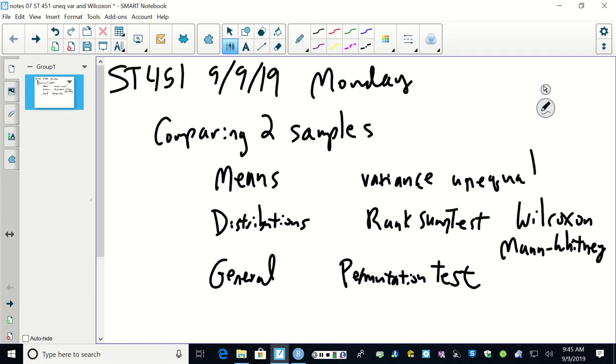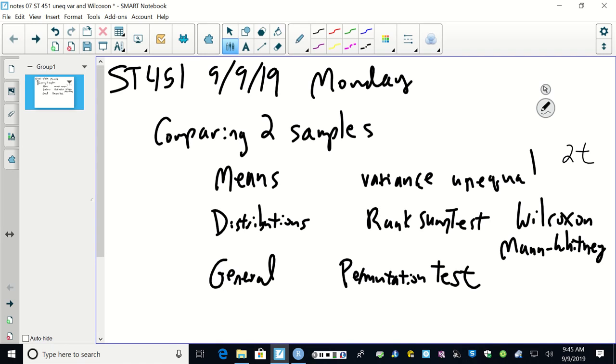So we're looking at comparing a couple samples, something that we'll do on Wednesday is looking back at paired samples. But in this case, we're doing two independent samples, and we have looked at two sample T procedures when the variances are equal.